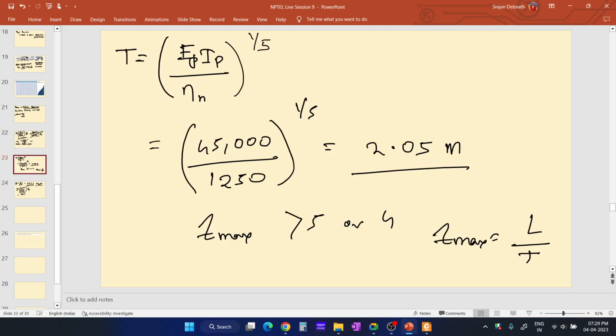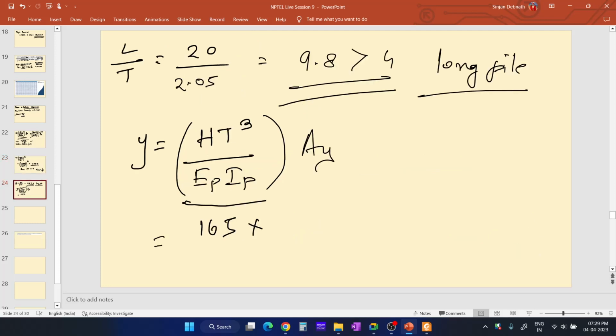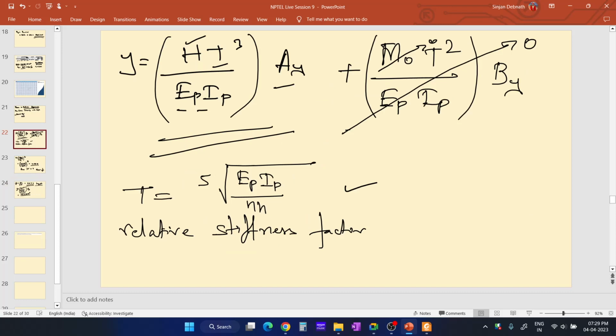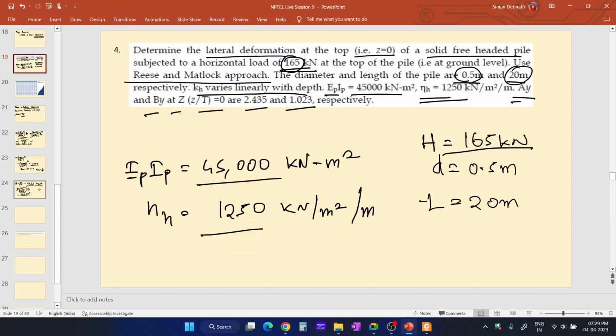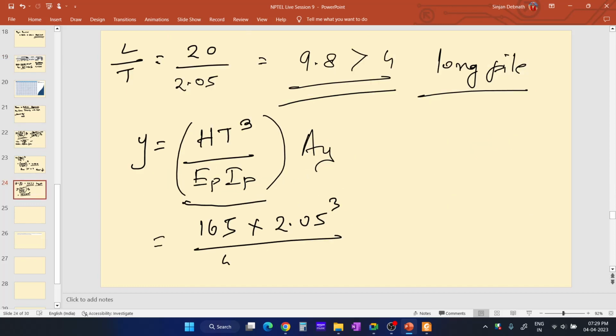That is the relative stiffness factor. It is 2.05 meter, so 2.05 cube. And how much is EpIp? That is the flexural rigidity. It is 45,000.